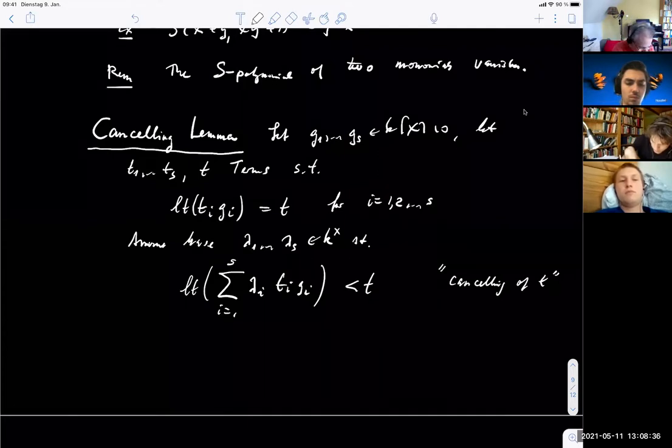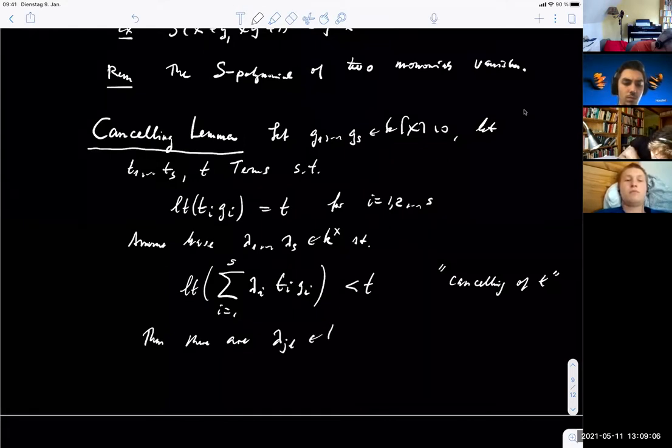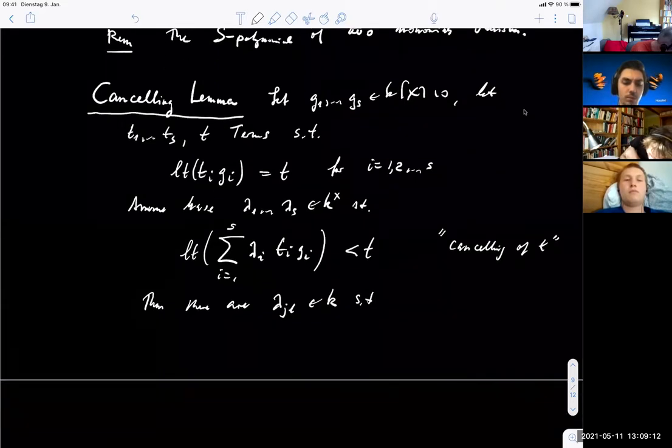Now if this happens, the statement is, then I can rewrite this linear combination of the Gi as a linear combination of the S polynomials of the Gi. Then there are coefficients lambda JL in K such that... it's a little bit technical, I know, but that's how it is.